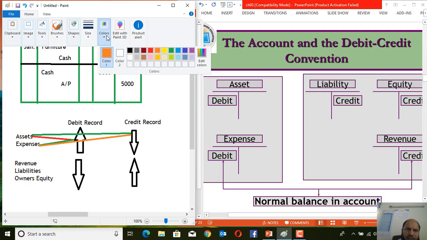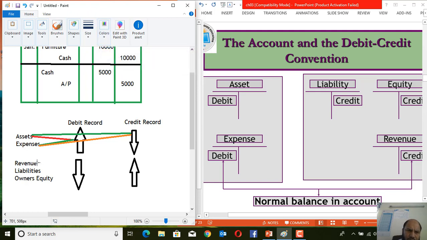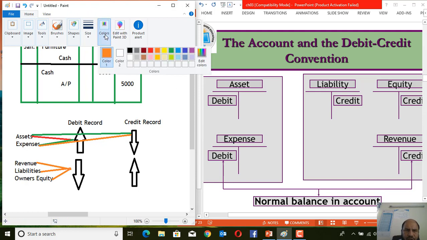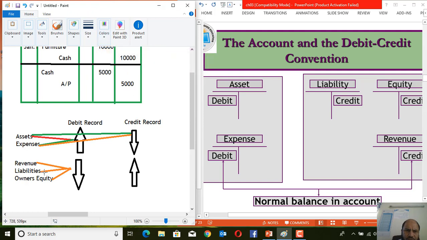But for these three, when the revenue account, the liabilities account, and the owner equity account decrease, we will record it at the debit side. But when these three accounts within the business increase, like for example, revenue of the business increased, liability increases, or the owner equity account increases, we will record that at the credit side.